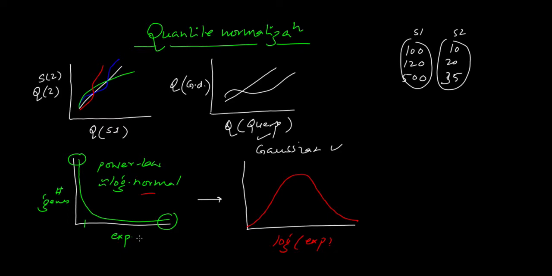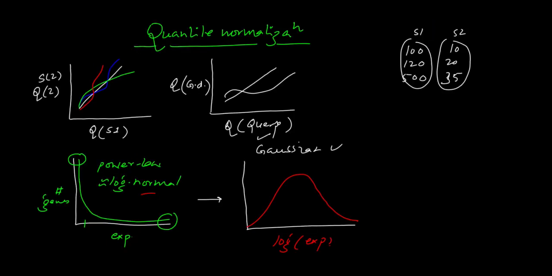Anyway, let's come back to the quantile normalization. When I say sample 1, sample 2, you can think of sample 1 as your red channel, in the case of microarray, and your sample 2 as, let's say, the green one.